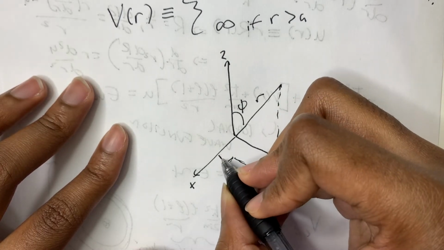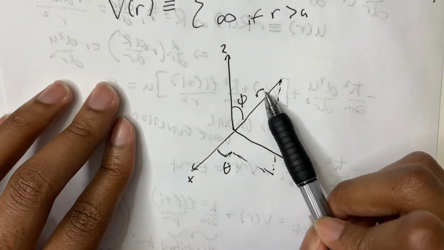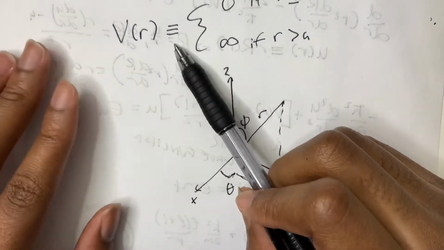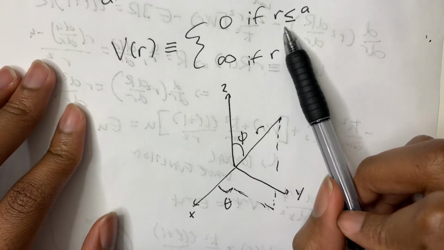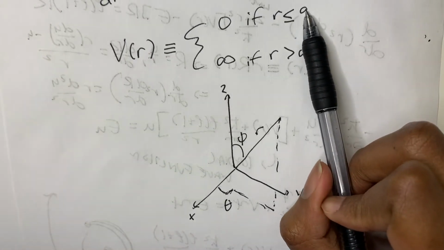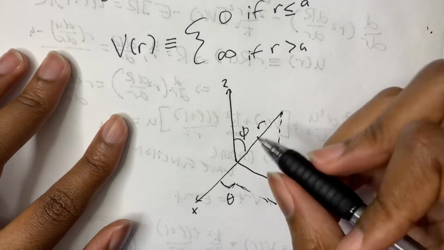All right, and theta, r and phi constitute our spherical coordinate system. So what this actually says is that our potential is 0 if r is greater than some radius a. Okay, so say that a is this over here. Here's a.